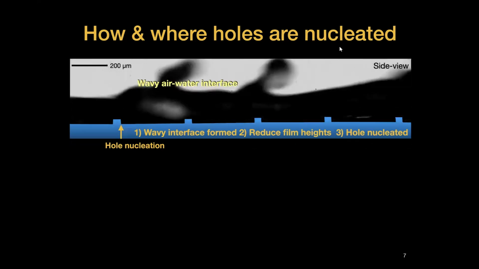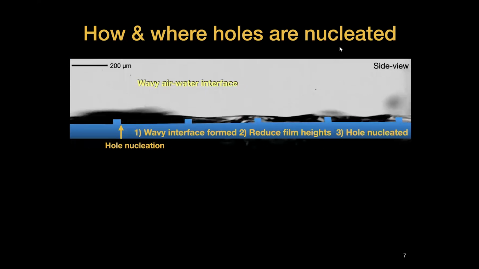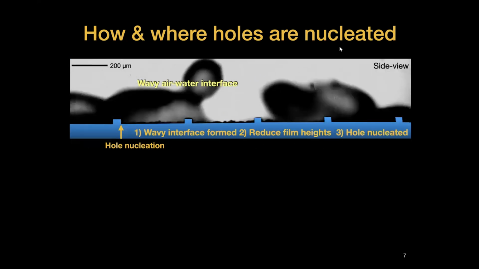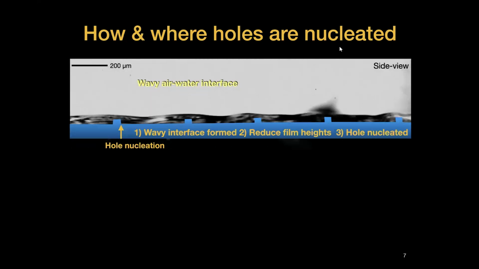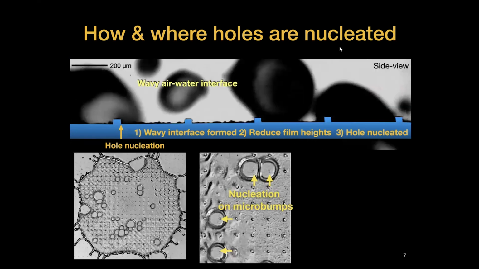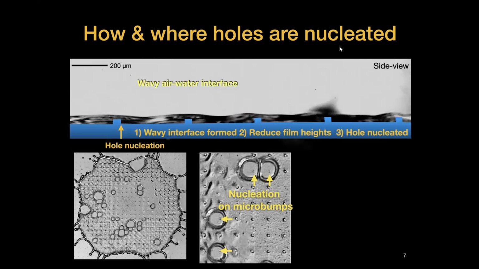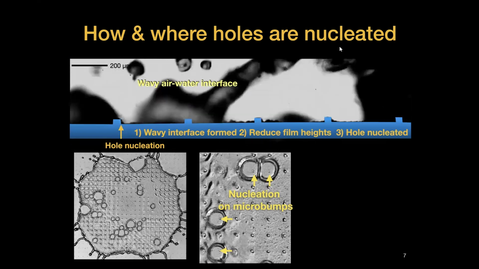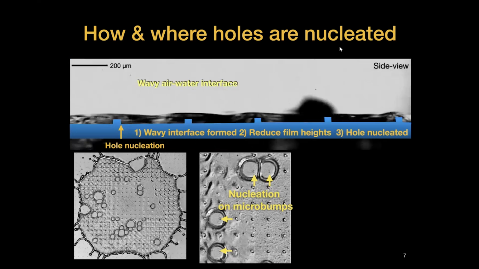And the third thing is that at a certain point right here, the top of this hydrophobic surface touches the interface, and it pops. We see this popping behavior in the top-down view. At the location of the microbump, you see the hole nucleation, so it nucleates small air pockets in the thin film.